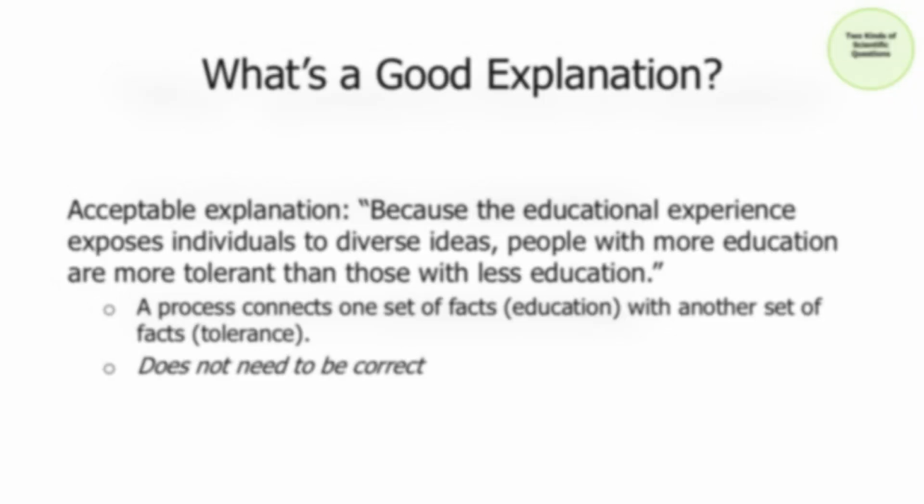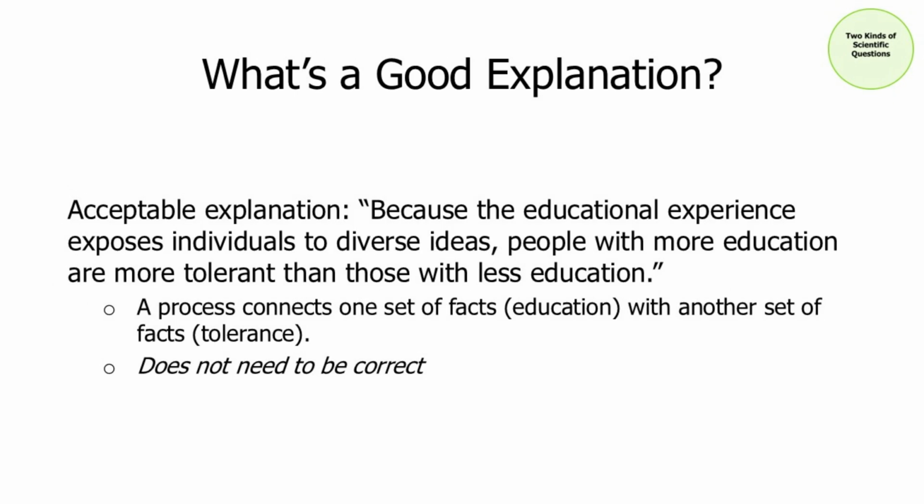For example, this is what is called an acceptable explanation. Because the educational experience exposes individuals to diverse ideas, people with more education are more tolerant than those with less education. This is an acceptable explanation because it invokes or references a process by which one set of facts, the educational experience, is tied to another set of facts, the levels of tolerance.